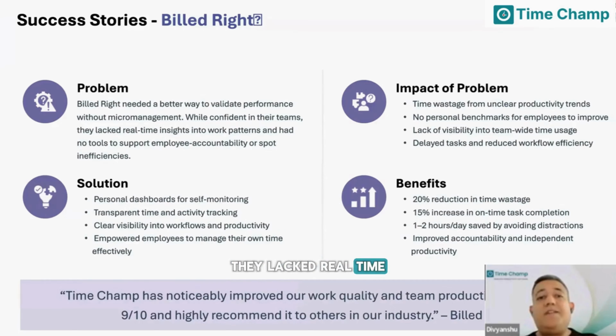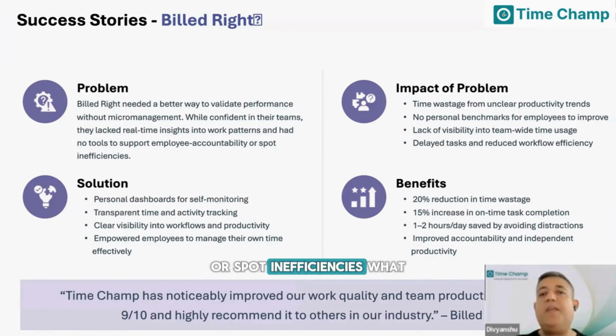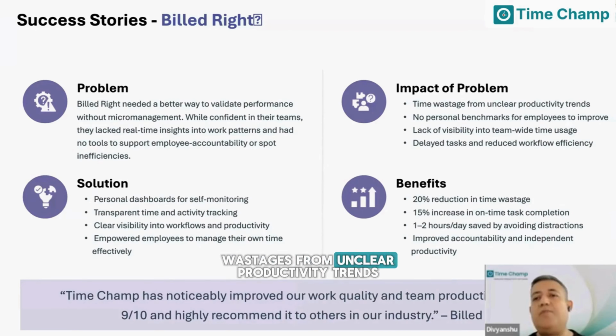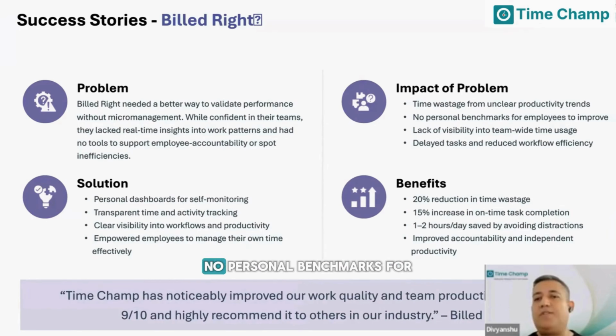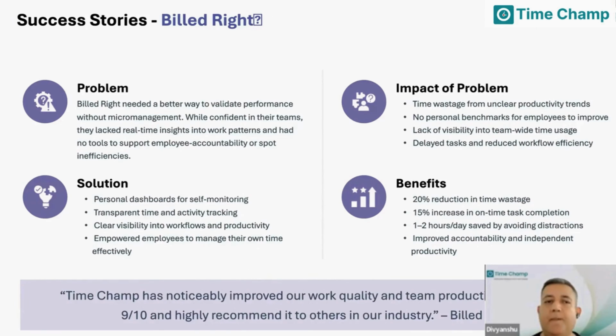They lacked real-time insights into work patterns and had no tools to support employee accountability or spot inefficiencies. What was the impact? The impact was time wastage from unclear productivity trends, no personal benchmarks for employees to improve, lack of visibility into team-wide time usage, and delayed tasks and reduced workflow efficiency.